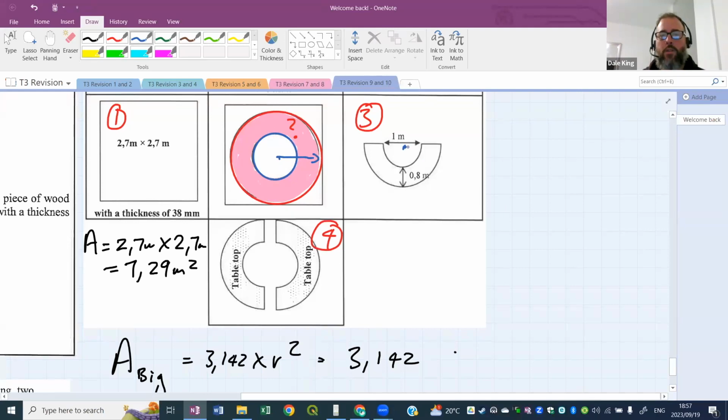So from this middle all the way to the edge. So isn't it 1 plus 0.8? We're close. So if I take it from this middle here, I'm only going there. So this part over here is half of the 1 meter, because the 1 meter is the diameter. So we don't want the whole 1 meter. We just want the radius. We just want this little piece over there.